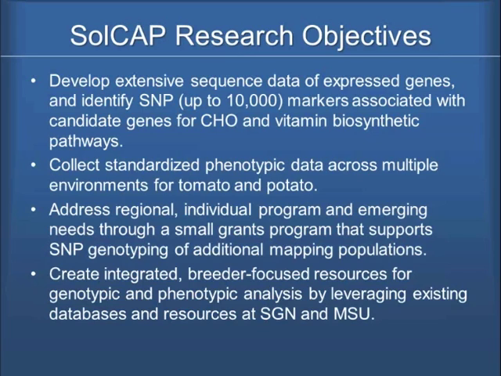The bottom line here is that we need to create integrated, breeder-focused resources, so these databases and browsers that are developed. What Robin talked about with her browser, I think, is really critical.